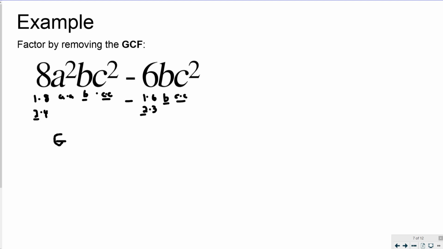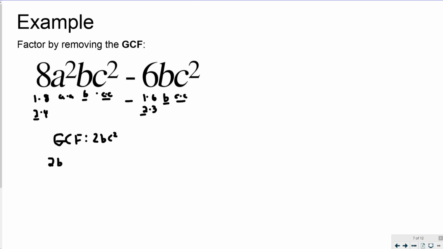So the GCF for these two terms is 2BC squared. So I'm going to factor that out, and when I do, I am left with a 4.